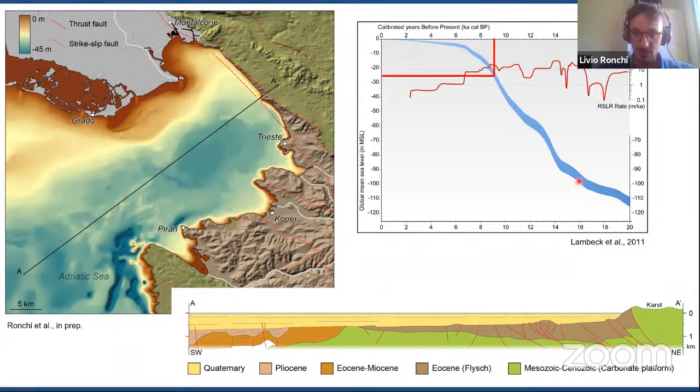As you can see, this is a relative sea level rise curve, and from about 9,000 years before present, it was rapidly submerged. Another thing is that we don't have much tectonics going on in this region, at least there's no visible deformation for the last millennia.